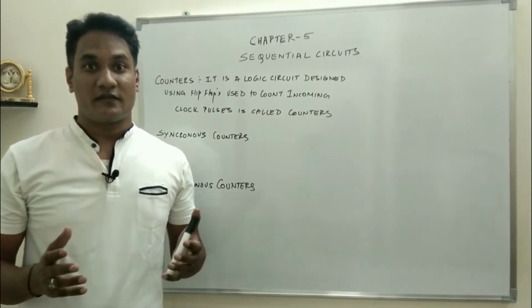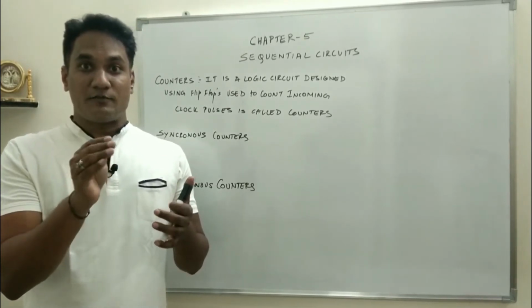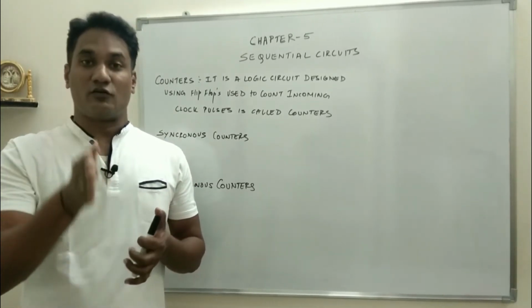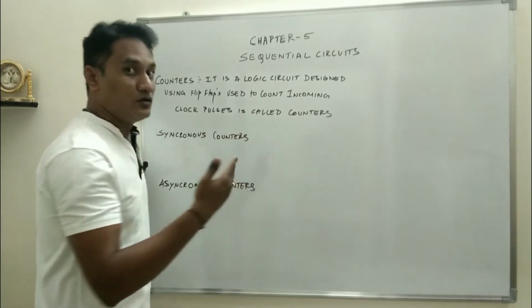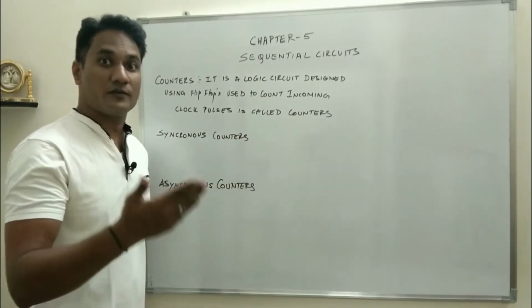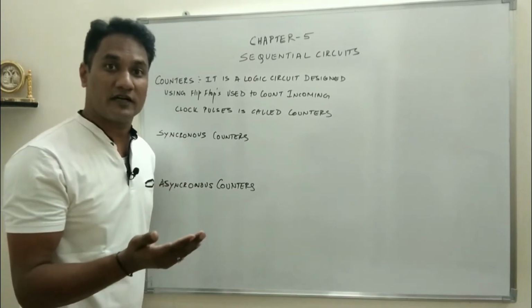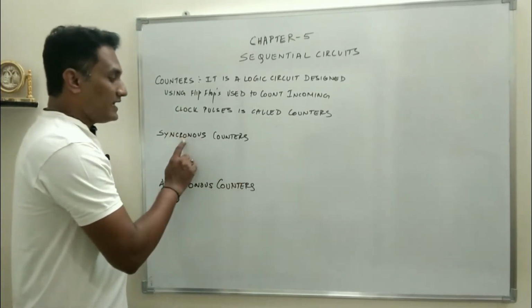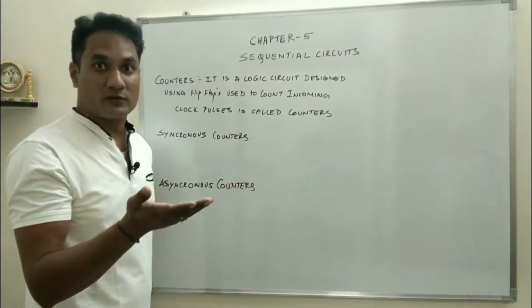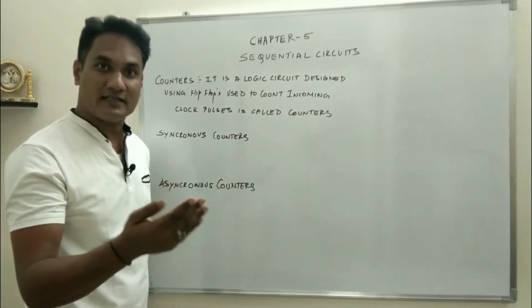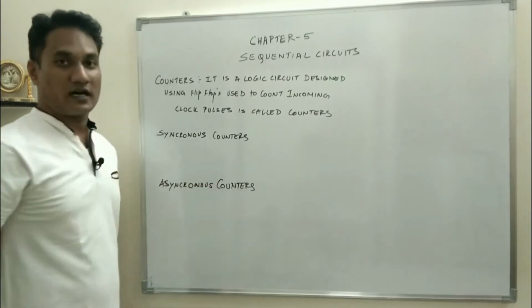That means every step is carried out at the same particular time. Now, we will be using a number of flip-flops, and the flip-flops will be triggered only when the clock pulse is given. If the same clock pulse is given to all the flip-flops, all the flip-flops will change their state simultaneously. That type of counter is called a synchronous counter.